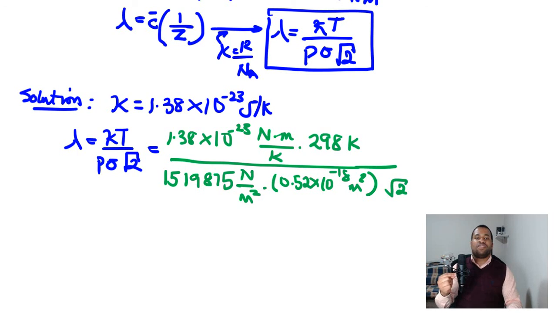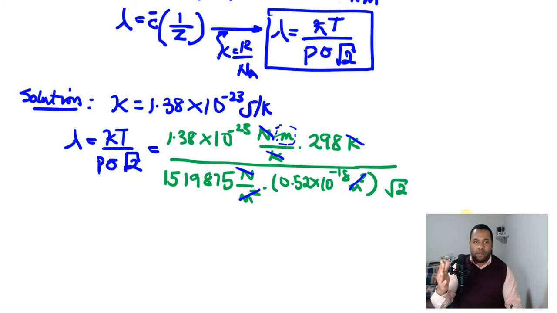Once we have this taken care of, we deal with our units by cancelling out our newtons. We have the meter squared at the denominator cancelling out, and we have our kelvins cancelling out at the numerator. What we're left with is our meter, which rightly represents the unit for the mean free path.